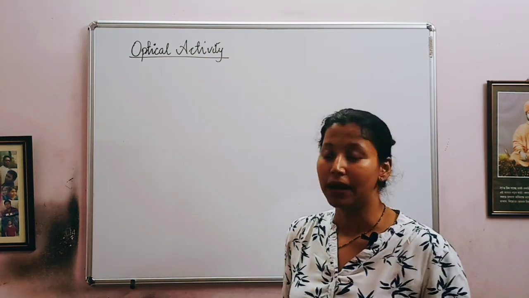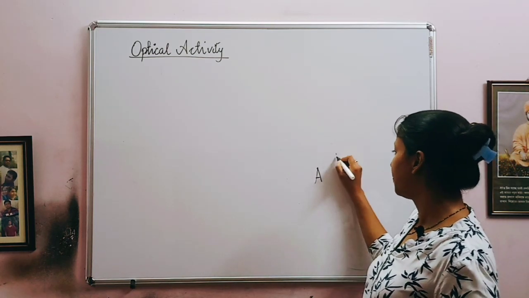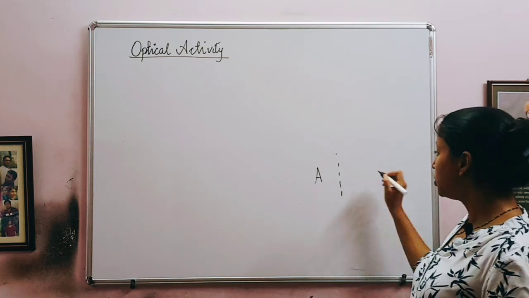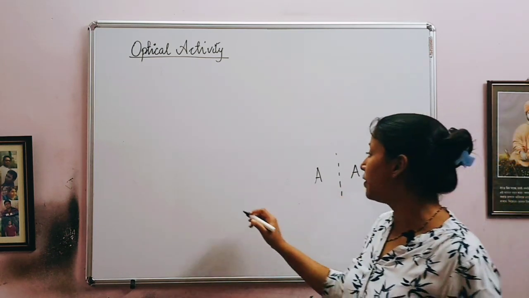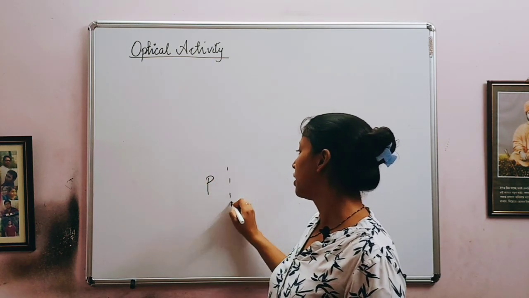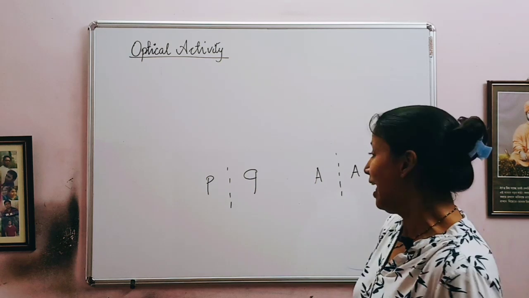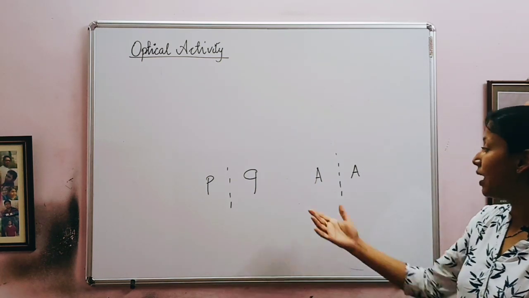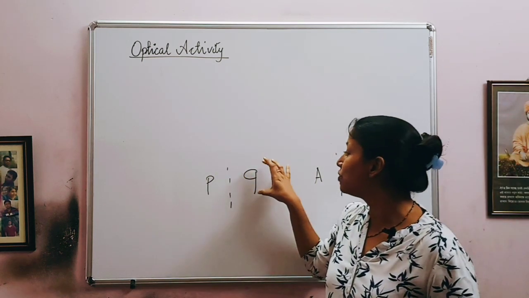Clear? But if I write the alphabet A, what will be its mirror image? Its mirror image will be the same. Again, if I write the alphabet P, what will be its mirror image? Like this. Now, that means A is superimposable on its mirror image. P is not superimposable.